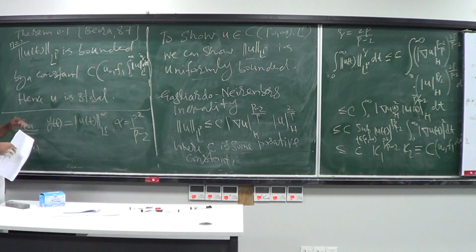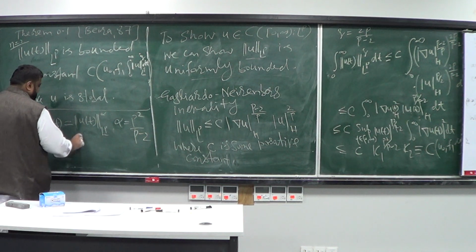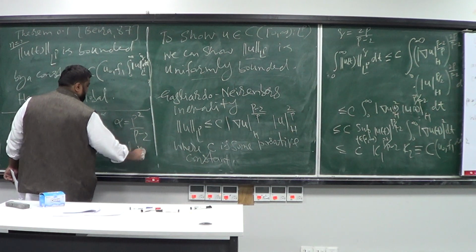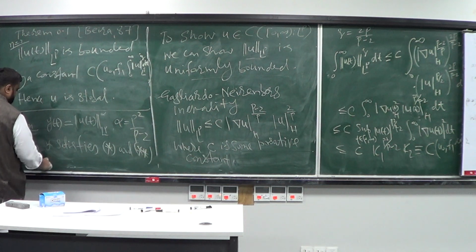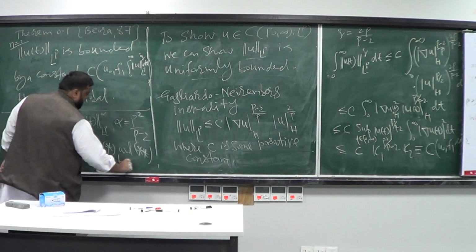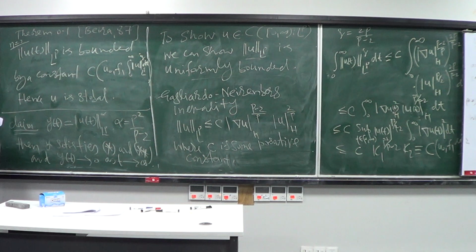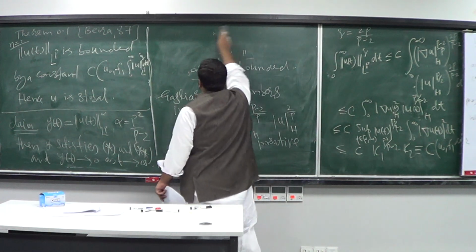So y satisfies star and double star, and hence y of t goes to 0 as t goes to infinity. This is what I am interested in showing. As I said, condition 2 is not that difficult to show.